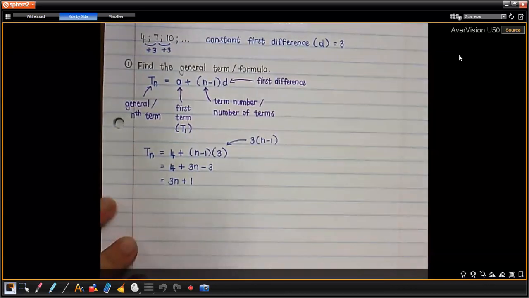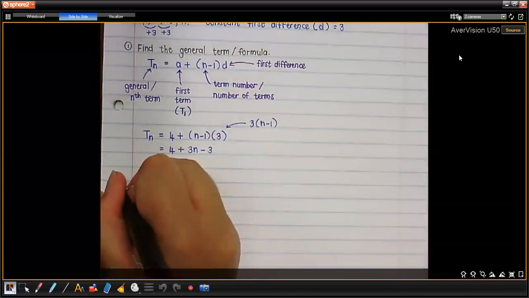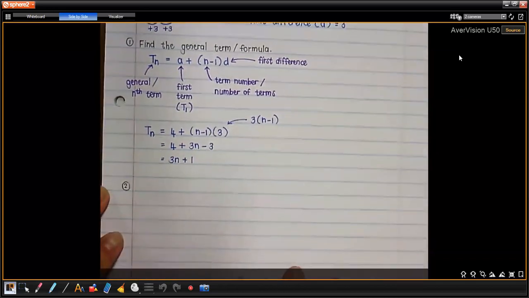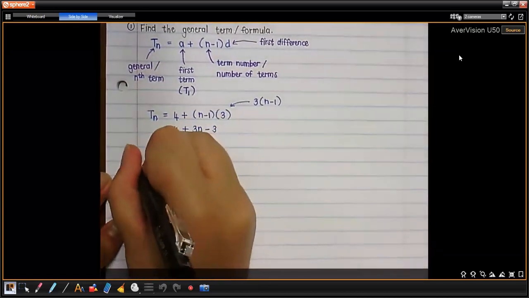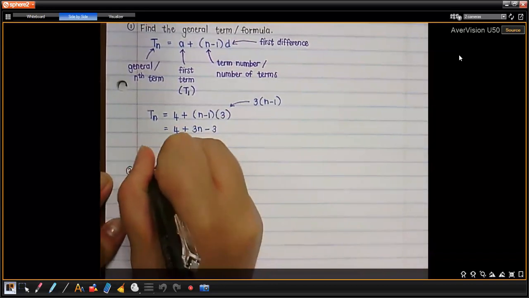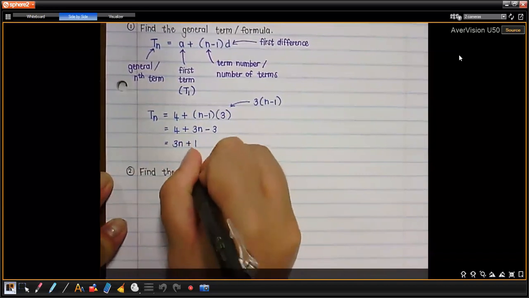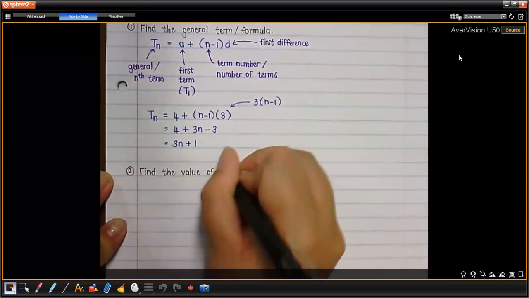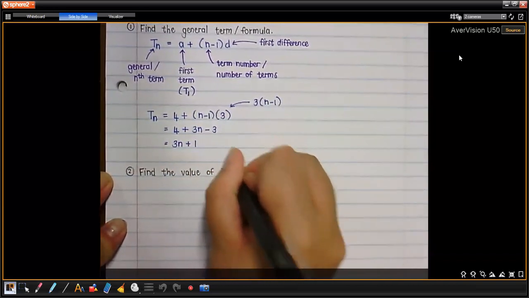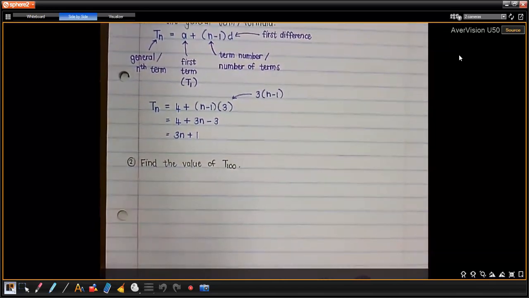So that will be the second question, where they now say find the value of term 100. They can also ask for the value of any term.